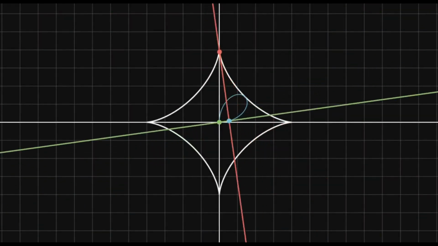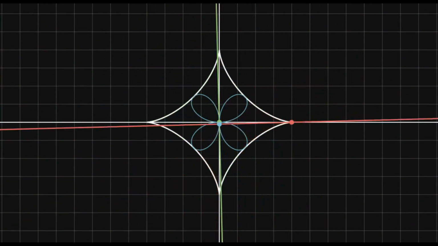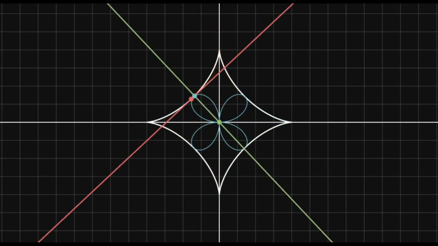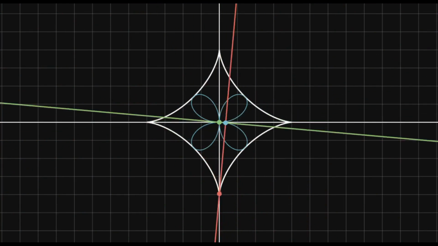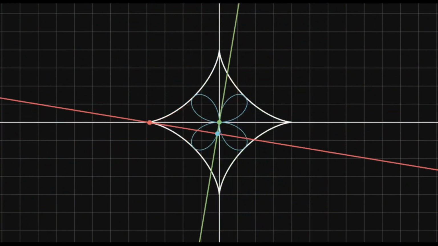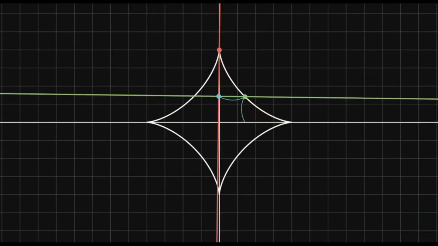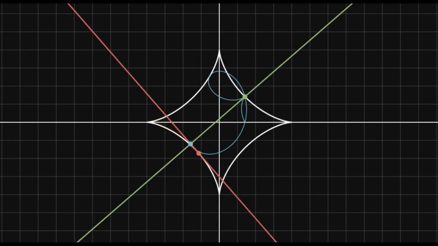Much like the deltoid, the pedal curve of the astroid at its center is a quadrifolium, or four-petaled rose. With the pedal point on the astroid, we obtain this curve, which I call a bow tie.